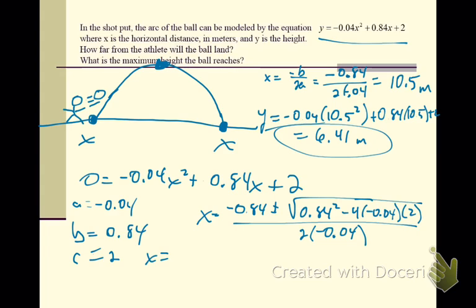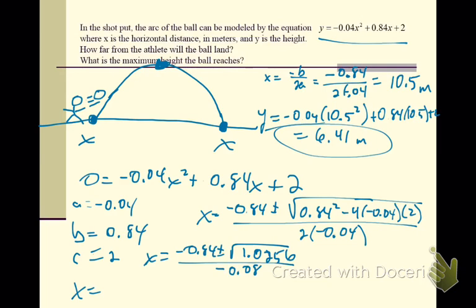So, negative 0.84 plus or minus the square root of, and I want to do all this in my calculator. We got to square the 0.84, and then add to that 4 times 0.04 times 2, and we get 1.0256 inside the radical, all over negative 0.08.